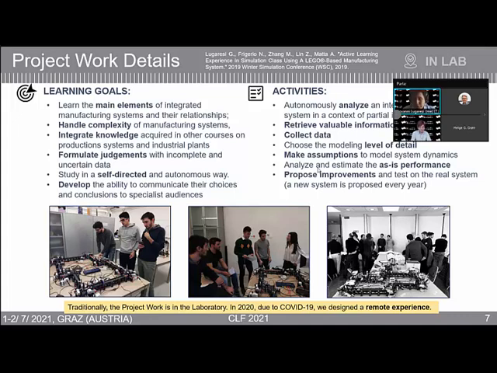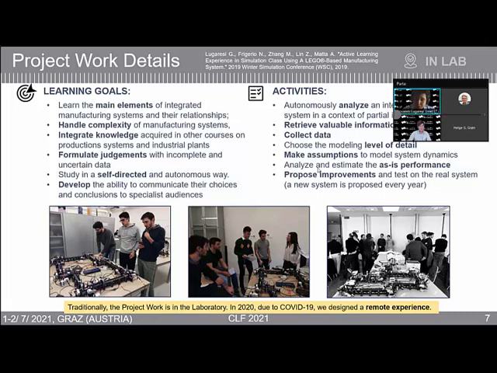Then they are asked to analyze and estimate the performance of the system and to propose some improvements with respect to a certain industrial problem that we change every year. In the lab, they also have the opportunity to implement their improvements and test them directly and see if their hypotheses were right.